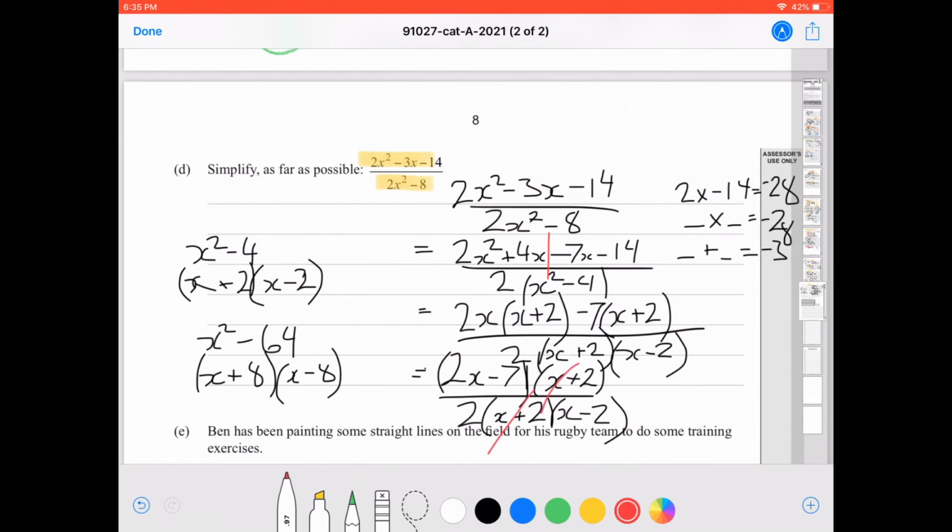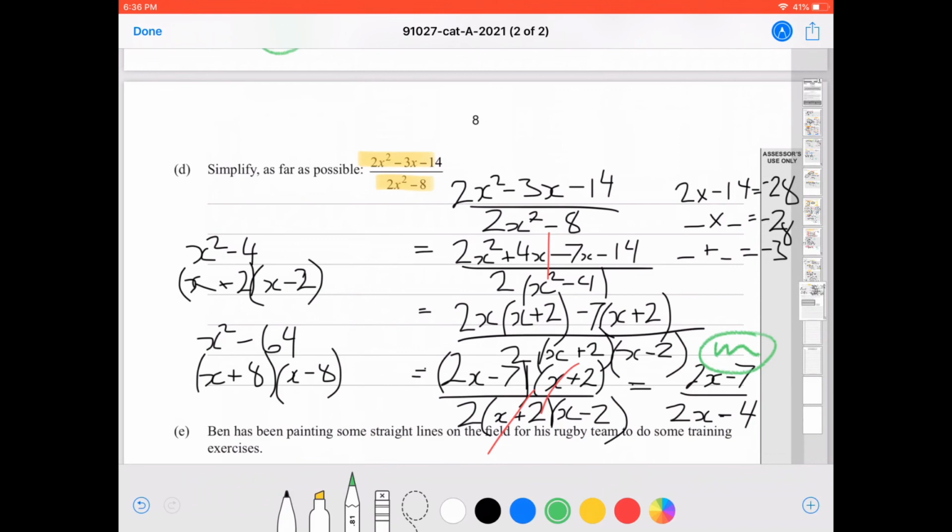And so we're left with 2x minus 7 over 2 times x minus 2, and you could expand these brackets once again, 2x minus 4. And so this fraction, guys, 2x minus 7 over 2x minus 4 gets you the merit here. Achieved is numerator or denominator fully factorized.